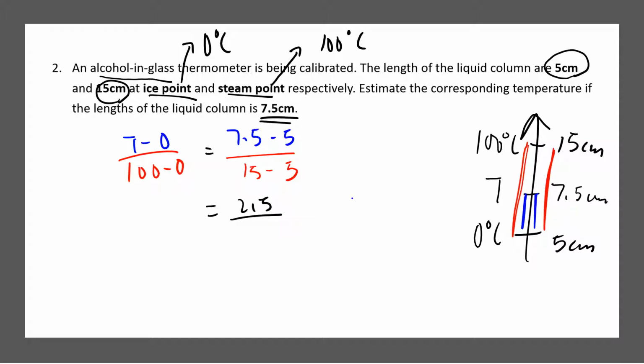It's 2.5 over 10 equals T over 100. And now you can get 25 as T. So that's how you do it. Again, it's the same thing, but the mathematics is a little bit more difficult than before, but I think you can manage it. So let's move on to the next question.